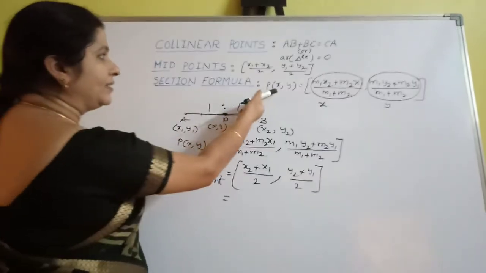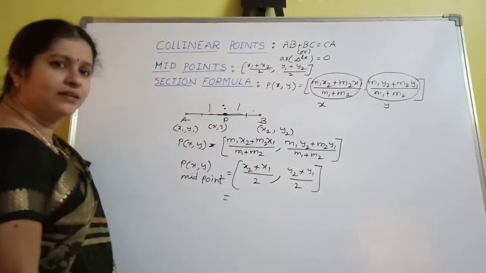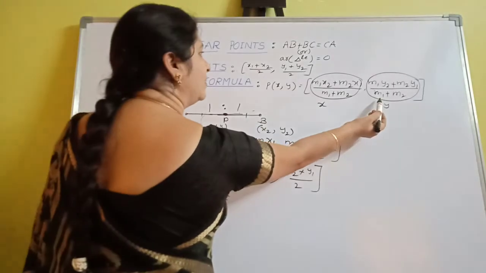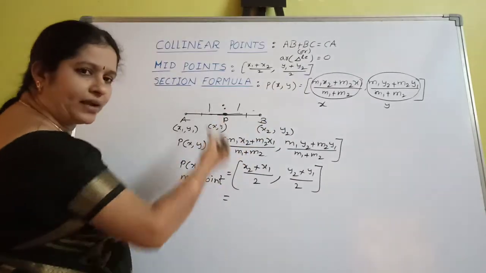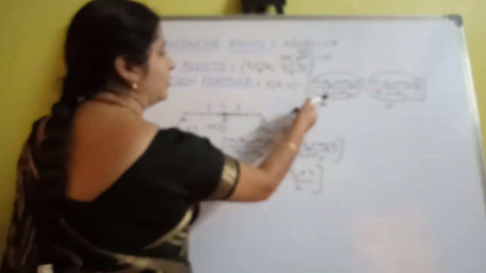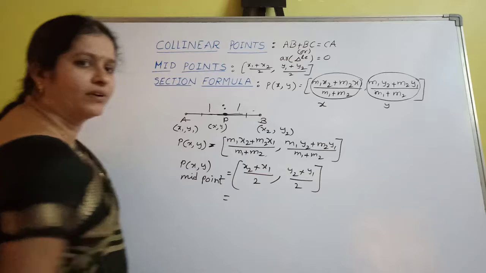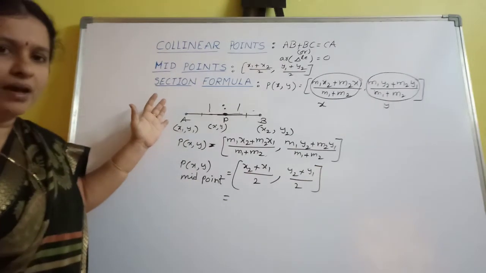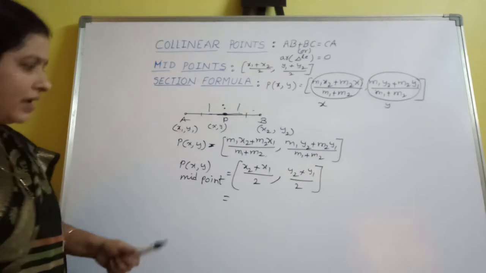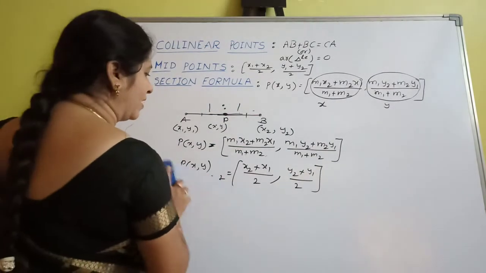Suppose the point is lying on the x axis, the y coordinate must be 0. On x axis, y coordinate equal to 0; on y axis, x coordinate equal to 0. There are many models using this formula in your textbook. Okay, let us see some examples by using these formulas.